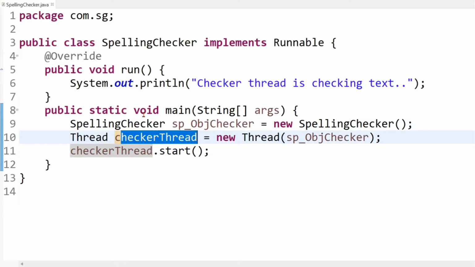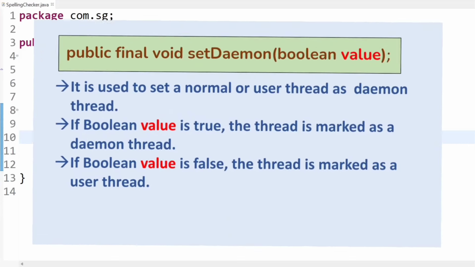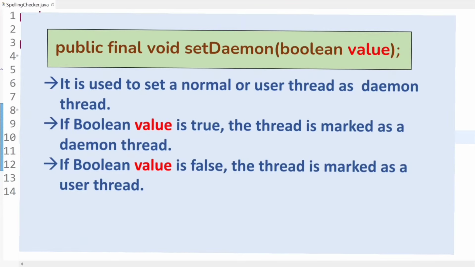And this checker thread is a user thread, a thread that the user creates is called a user thread, right? So this checker thread is a user thread, but my motive is I want to set this user thread as a daemon thread, and for that there is a method in the Thread class, the setDaemon method. So the setDaemon method is one of the methods of the Thread class which is used to set a user thread as a daemon thread.